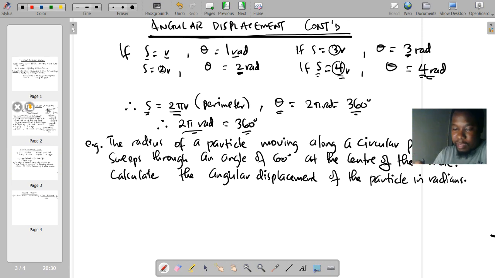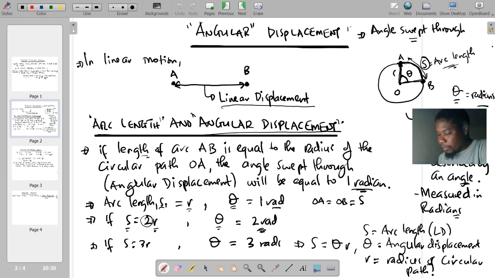Now let's go back here before we continue. What you will notice in this sequence is that the 3 before the r is actually the angular displacement. Hence we can come up with a formula that arc length, or the displacement around the circular path, is S = theta times r.